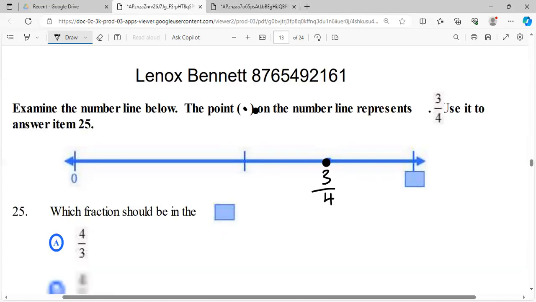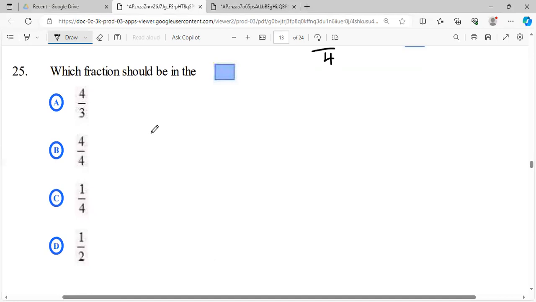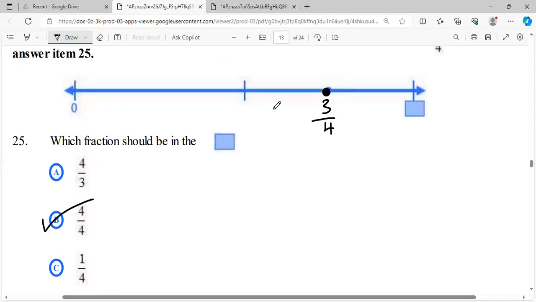So if this is 3/4, I'm assuming that it would be 4/4. No, past 1, right? Based on the distance, yeah. So this would be 2/4. And then in the middle here would be 1/4. So it's either 4/4 or 1.